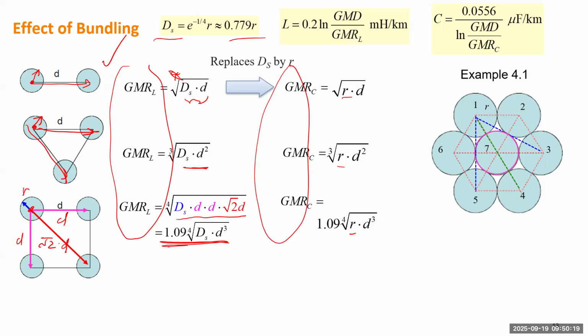We start from any conductor. Inside there's one conductor, number 7. Outside, from 1 to 6, there are 6 conductors, completely symmetric about each other, so we can start from any one as a reference. If it's number 1, the first distance we need to consider is r, right? There's 1 r. Then we need to draw a line to all the other conductors.